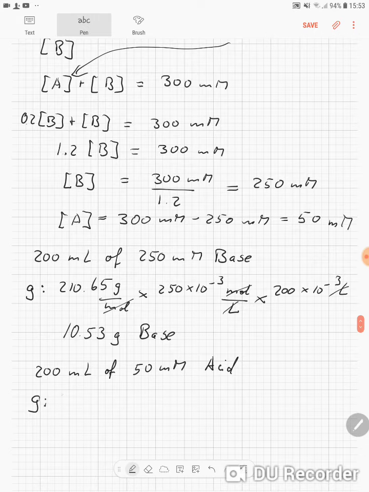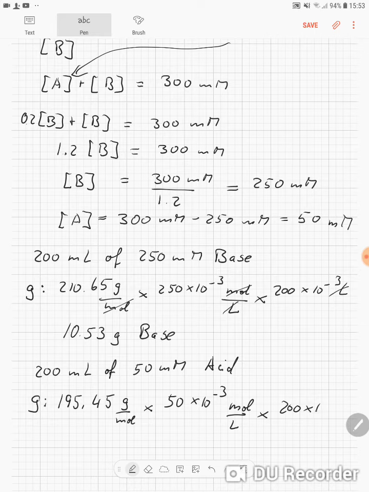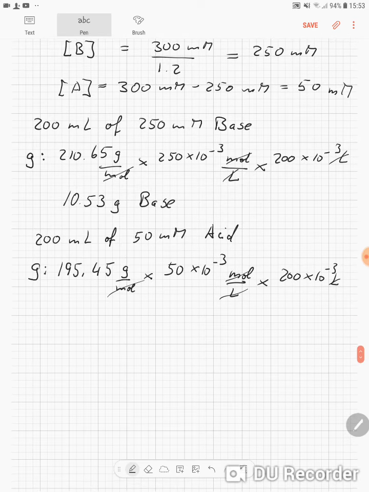So gram, we have 195.45 gram per mole times 50 times 10 to the minus 3 mole per liter times 200 times 10 to the minus 3 liter. Liter cancel out, mole cancel out, and we end up with 1.95 gram of acid.